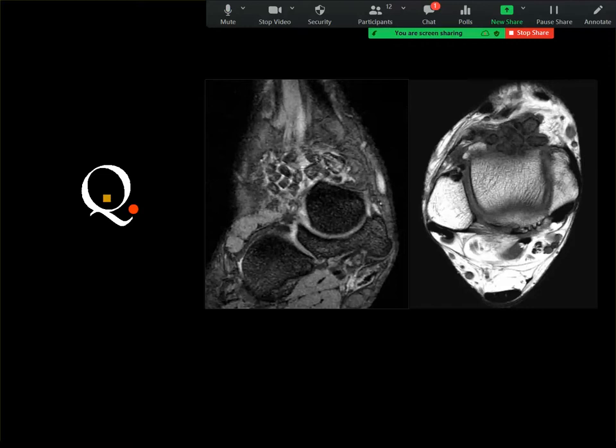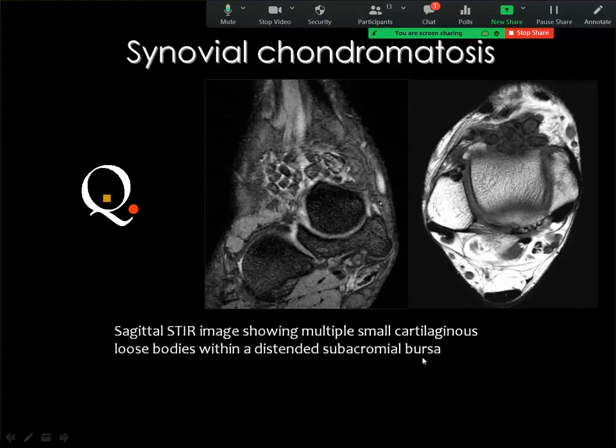Synovial osteochondromatosis. Yes, and actually we do not need the answers, we need the written answers. Okay. Yes, this is right. You answered the first question right, and this is synovial osteochondromatosis because of the presence of a lot of loose bodies within the ankle joint, mainly in the anterior compartment.